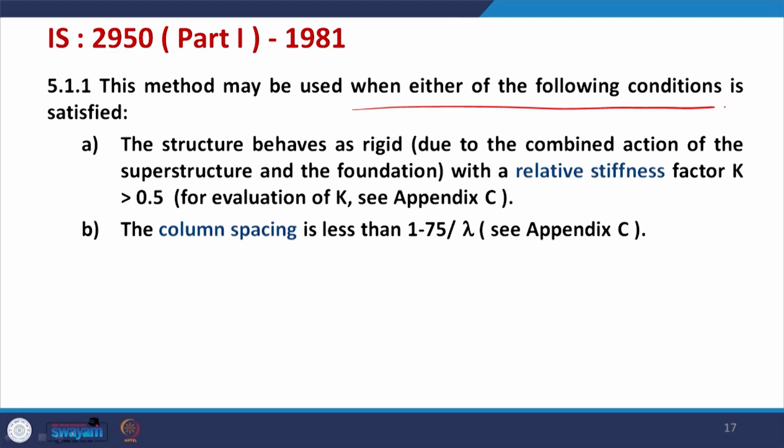The second condition: the column spacing is less than 1.75 divided by lambda, and we will discuss what lambda is when we talk about appendix C. So, if either of these two conditions is met, then you can use this conventional method or rigid foundation method.